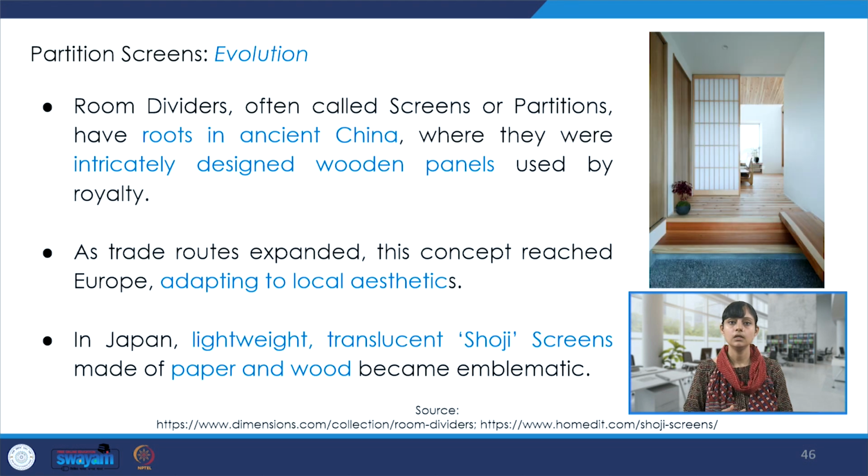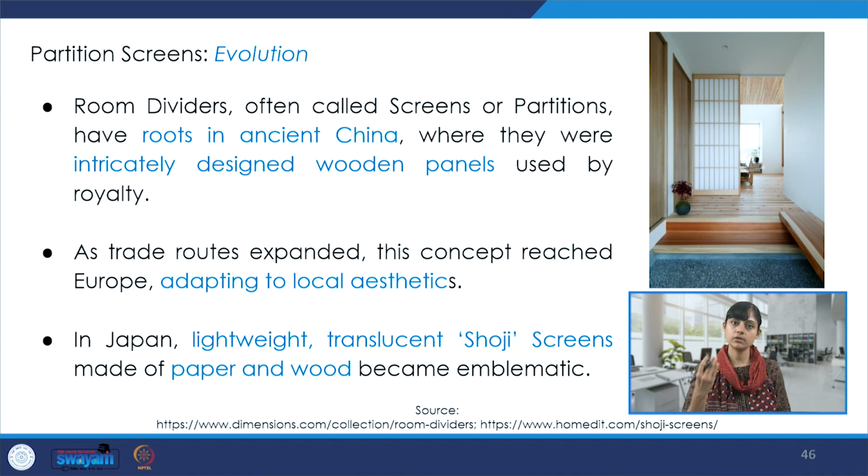So, if we talk about evolution, there is an important reference to China where we see the roots of these room dividers, in ancient Chinese civilizations. And there was a use of intricately designed wooden panels that were used by royalty, and they were used for dividing rooms and spaces for diverse purposes.